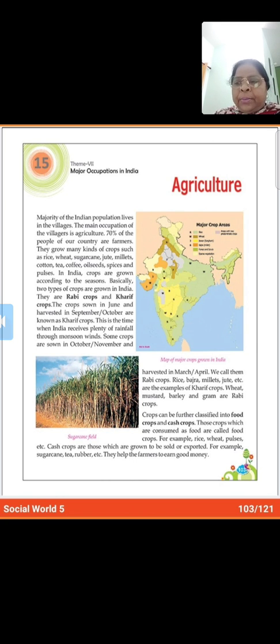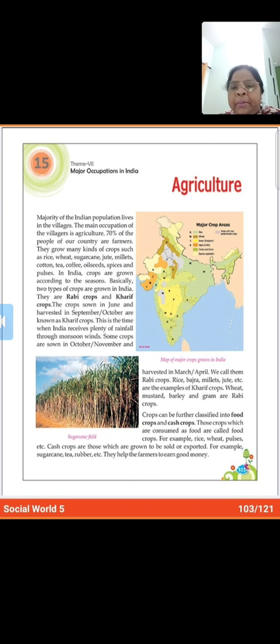The major rabi crop is wheat. It is followed by what? Other crops that are barley, mustard, sesame, peas and gram. And these are sown in which month? In October or November. And are harvested in March or April.